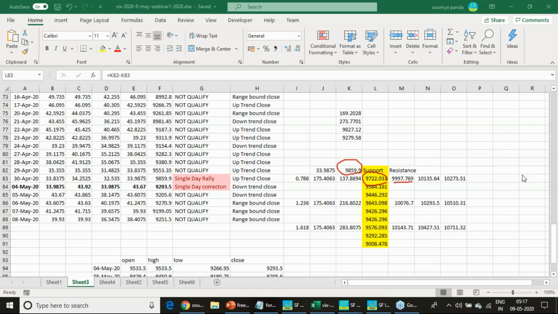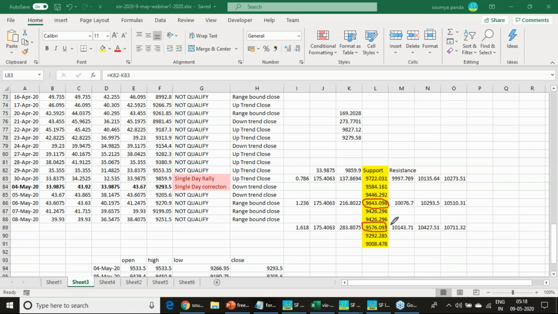Once this support is broken, then I can go for 9643. If this support is broken, then I can go with 9576. That should be the third support. If this third support is broken, then subsequently I'll be going for a second cycle.